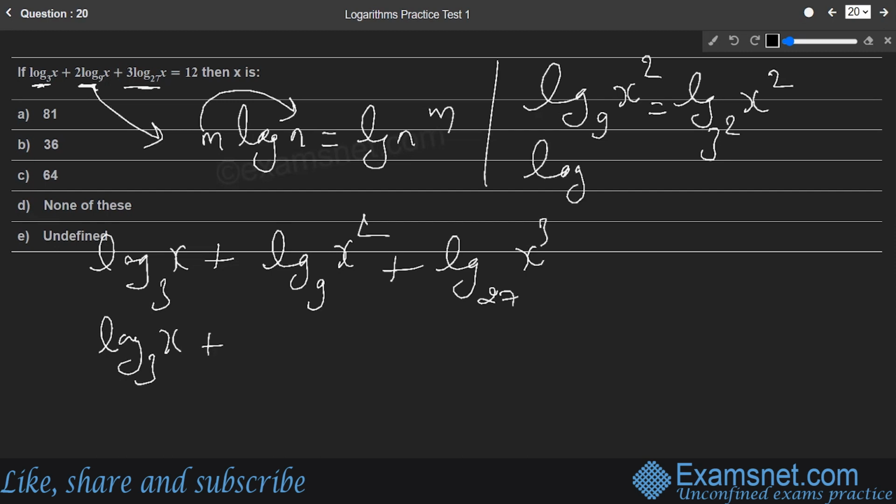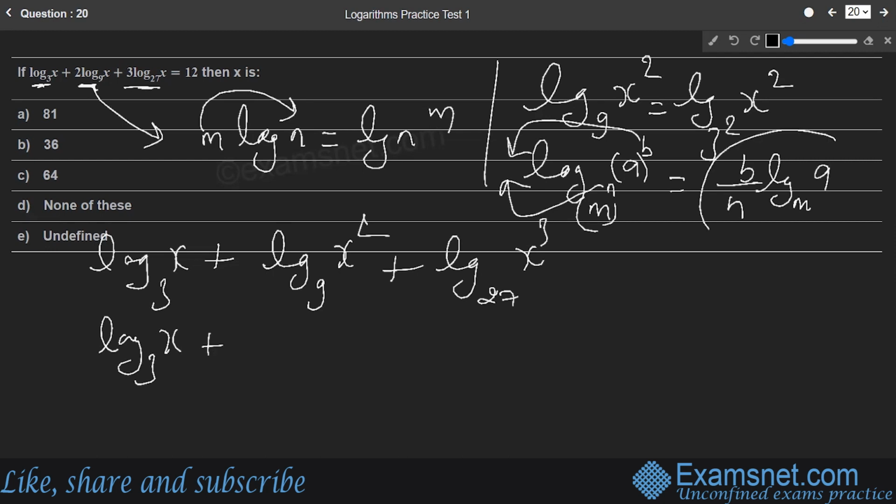Whenever this happens, suppose the base is m with power n, and the number is a with power b. Then this expression ultimately becomes b by n times log base m of a. The b goes in multiply and the n comes in divide. Using this, both the numbers have got the power of 2, so this ultimately will become 2 by 2 log base 3x.